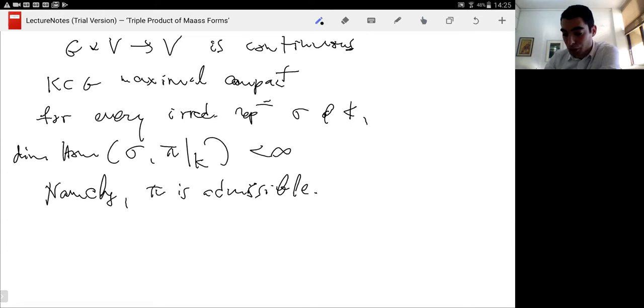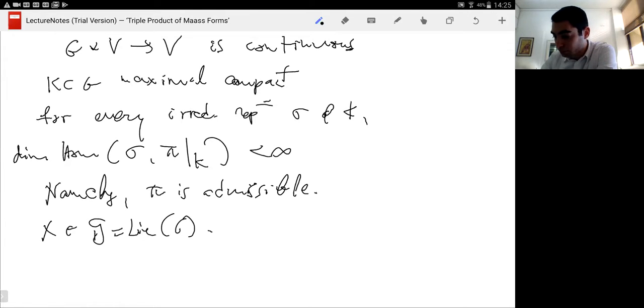Okay, so with this condition out of the way, I'm ready to make the first important definition. So let X be an element of the Lie algebra. And I want to try to define an action of X on a vector v. So how will I do that?